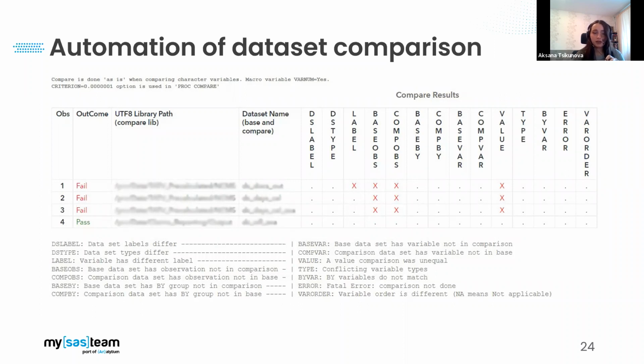So we have all of the outputs listed and all of the types of controls in the columns. So you can immediately understand where the problem has occurred and take immediate action. And I think that's it about the regression testing stage.